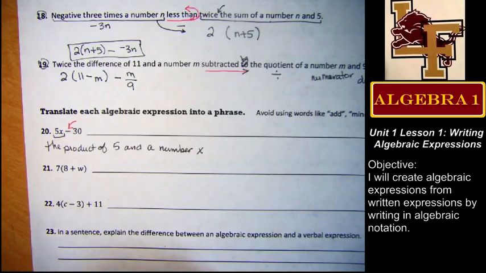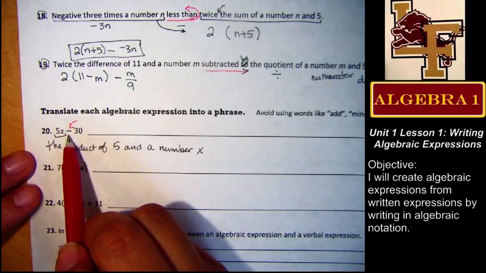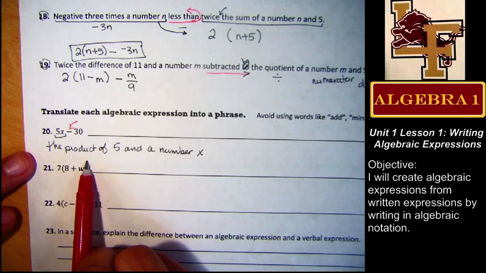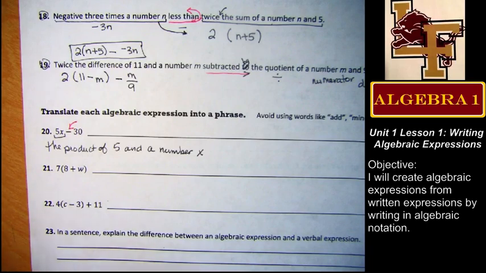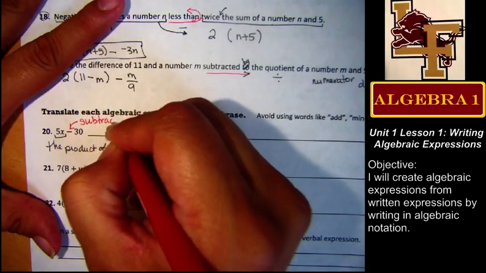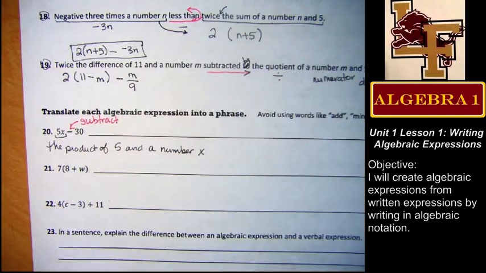It just ends up becoming the difference of, the product of, and suddenly I'm lost, because there's too many ofs next to each other. So while you're not wrong, we could use difference of, it's confusing in this case. So let's avoid it. So subtract works. Let's use subtract. What other word could we have used? Decrease. Decreased.